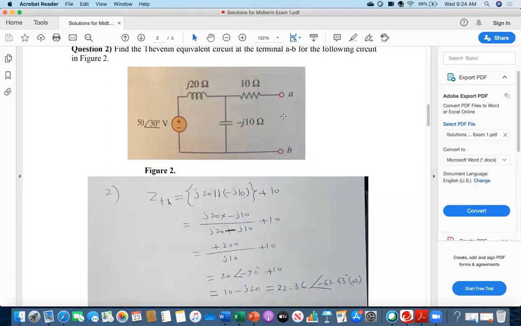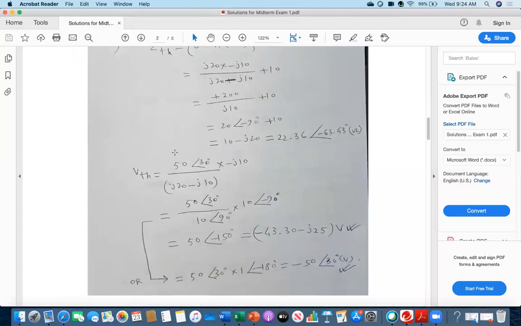It is open circuited. And then that is the total current. I did not write IT; I directly applied voltage division: voltage divided by total impedance, multiplied by the respective impedance across which I have to find the voltage. So this is essentially the voltage division.